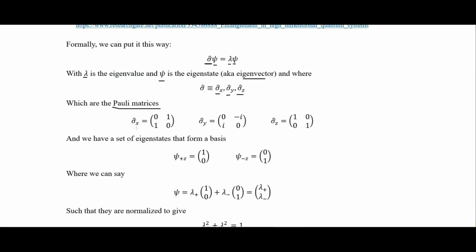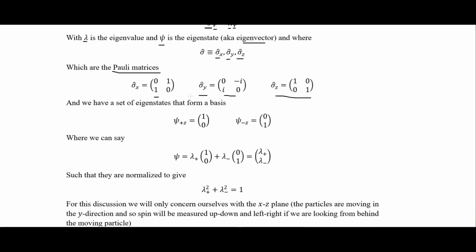The x direction one has ones in the off diagonals. The y one has the imaginary number i in the off diagonals, and then the z one looks kind of like the identity matrix, but we are acting on a set of eigenstates, and these would actually be what are called the spinors.